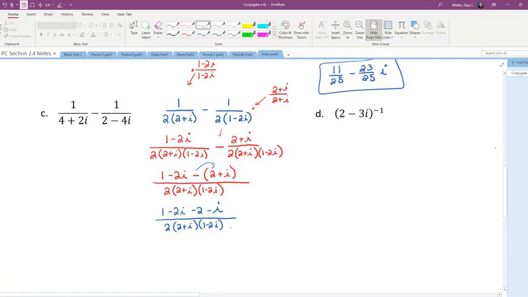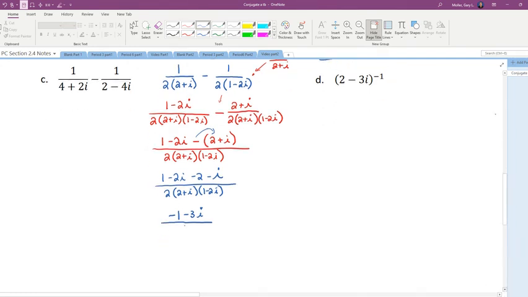All right, my numerator is going to turn into negative 1 minus 3i. My denominator needs to do some work. I'm going to multiply the two parentheses together, and I'll leave the 2 on the outside for now. 2 times 1 is 2.